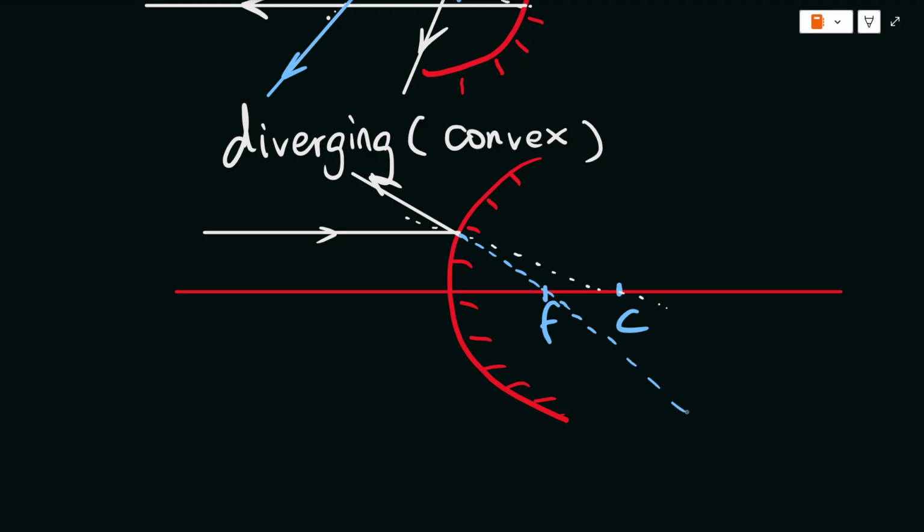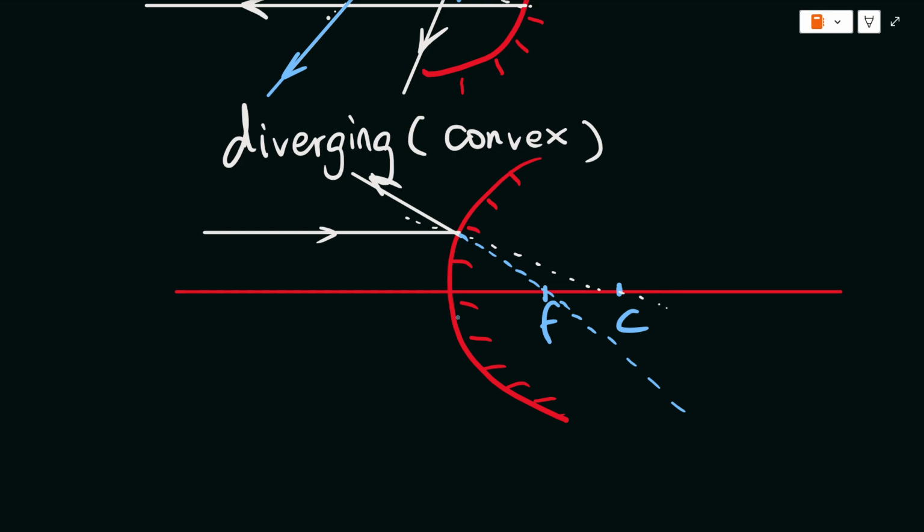So instead of the reflected light ray converging on the focal point in front of the mirror, for a diverging mirror, the reflected light ray will extend through the focal point, which is right behind the mirror.